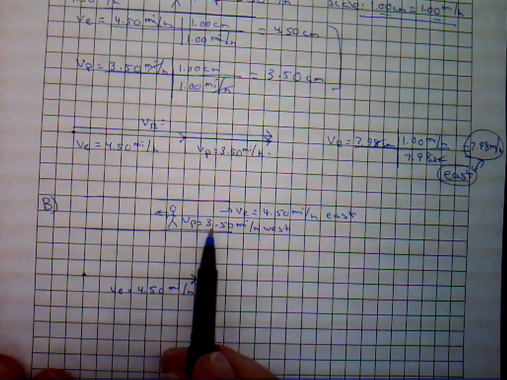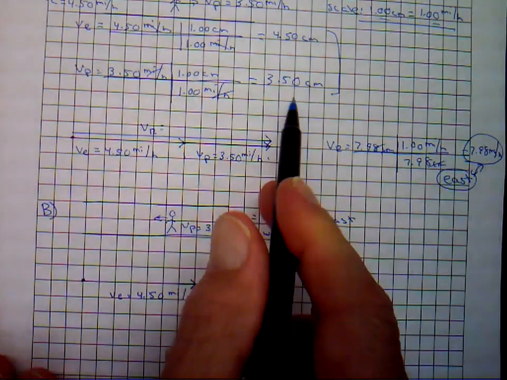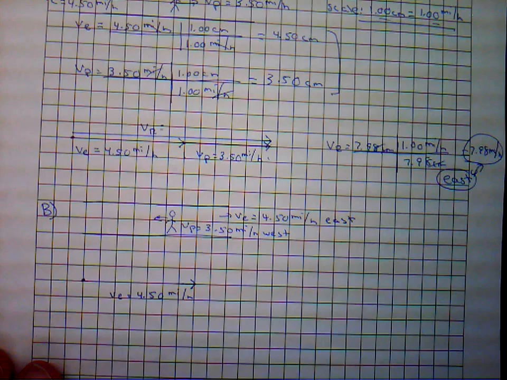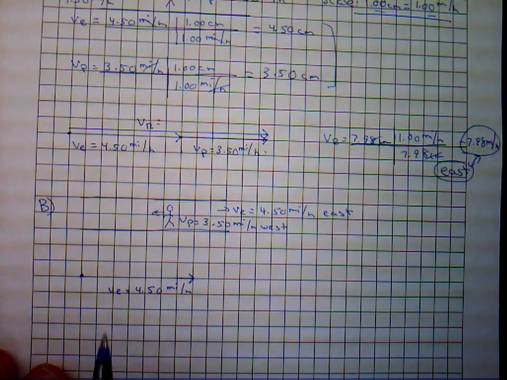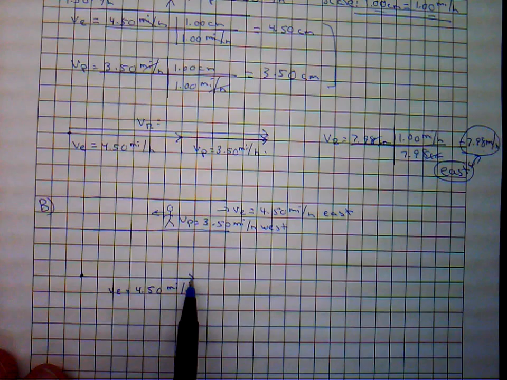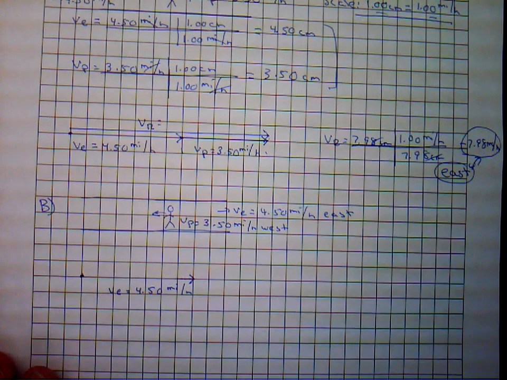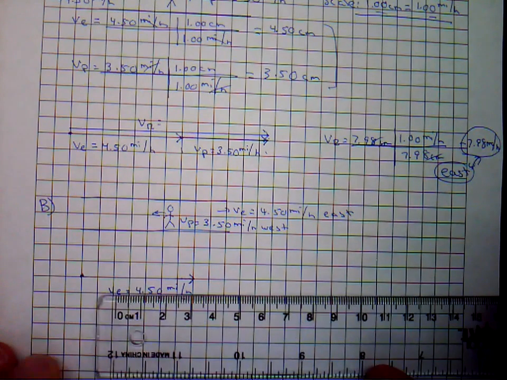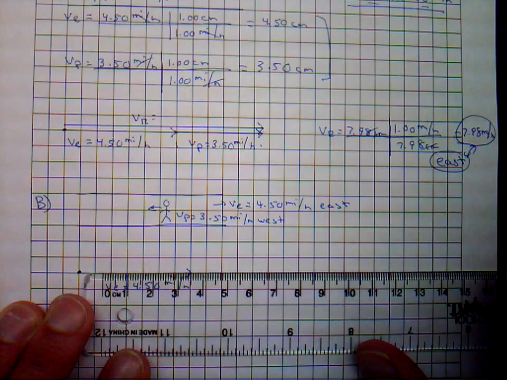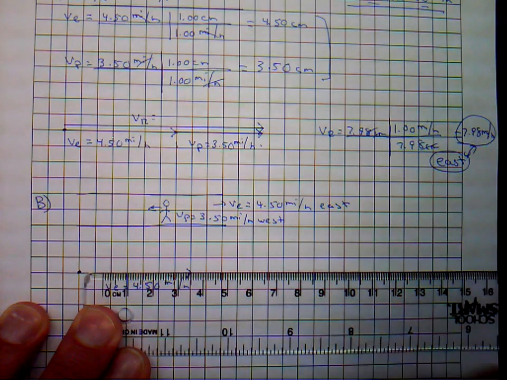We then add the velocity of the person, and since it's a one-to-one scale, we're using 3.50 centimeters for the magnitude or length of the vector of the person, but now that person is going west. We still add vectors tail to tip, so I'm going to take the tail of this 3.50 centimeter vector, put it at the tip of the first vector I drew, and draw it in the direction west with the correct magnitude of 3.50 centimeters.